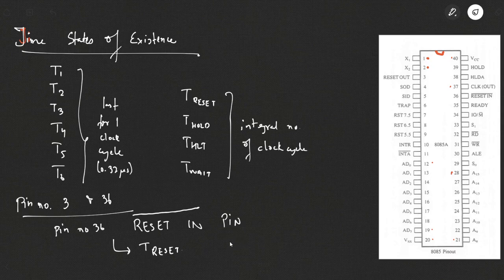So whenever T reset is active, pin number 36 is active, pin number 3 also becomes active. That means reset out becomes active. Reset out means all the peripheral devices that are interfaced with the microprocessor will also become active.